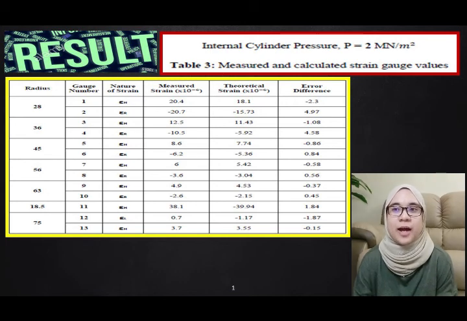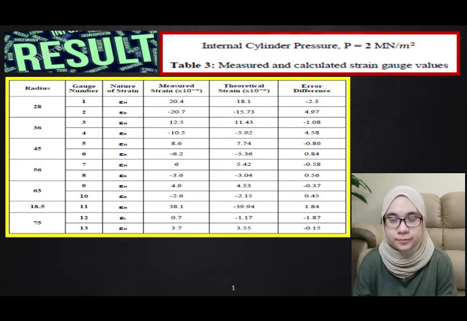For the result, we have two tables. The first is to measure and calculate the strain gauge value, and we have 13 gauge numbers, with radii of 18.5, 28, 36, 45, 56, 63 and 75 millimeter. The first radius is 28 millimeter at the first gauge number, starting with the hoop strain.